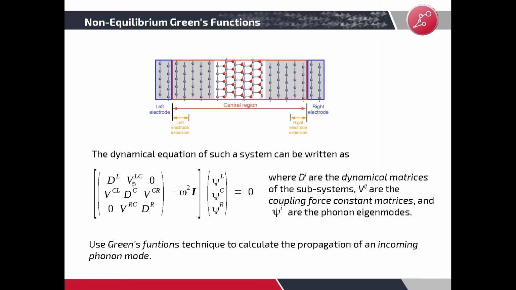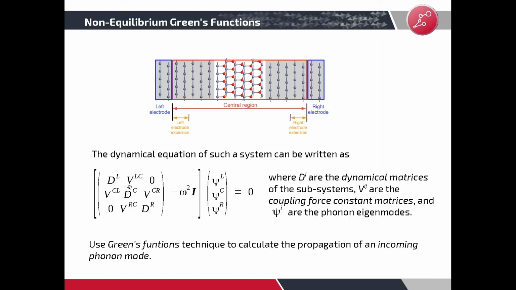And the off-diagonal blocks denoted with the letter V are the coupling force constant matrices. So the coupling matrices between the left electrode and the central region, and the right electrode and the central region. And we can set up this equation, which basically looks like the normal phonon equation that you would solve, but instead of solving this equation directly, which would not take into account the semi-infinite properties of the electrodes, we instead use the Green's functions technique to solve this, which is basically inverting this matrix.